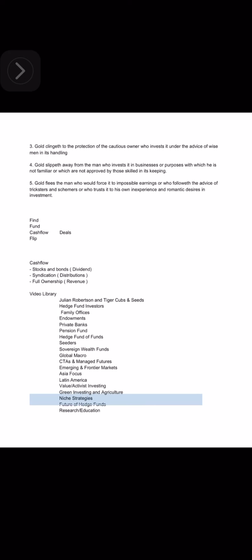Find fund cash flow, flip, deals, cash flow, stocks and bonds, dividend, syndication, distributions, full ownership, revenue, video library. Julian Robertson and Tiger Cubs and Seeds hedge fund investors, family offices, endowments, private banks, pension funds, hedge fund of fund seeders, sovereign wealth funds, global macro, CTAs and managed futures, emerging and frontier markets, Asia focus, Latin America, value activist investing, green investing and agriculture, niche strategies, future of hedge funds, research, education.